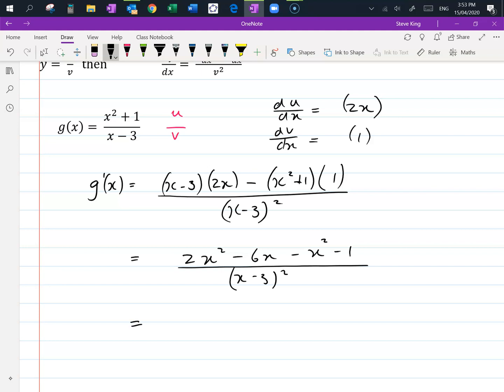And when I tidy that up, I'm going to get x squared minus 6x minus 1 all over x minus 3 all squared. And I leave it like that. I don't try and expand the bottom line. I don't need to. If I could have factorized the top, I would have, to see if I can reduce it down anyway, but I can't, so I just leave it like that.